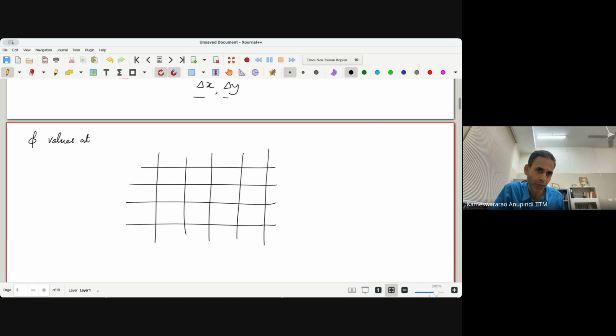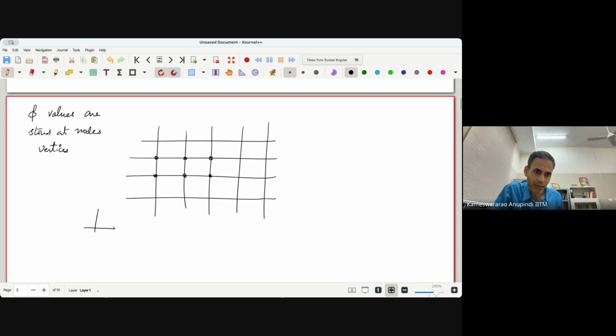Okay, phi values are stored at nodes, or vertices. That means we are storing the phi values here. That is our grid, and these are the values we are storing. Nodes are vertices.